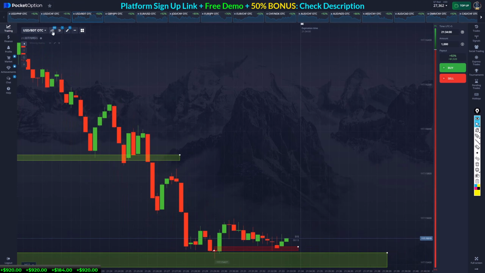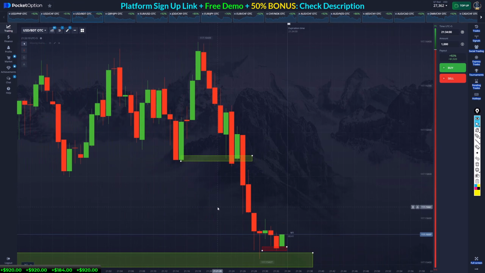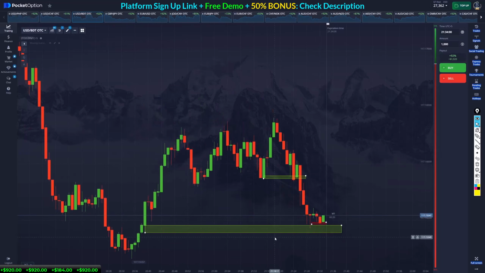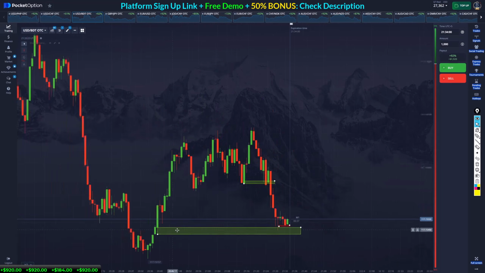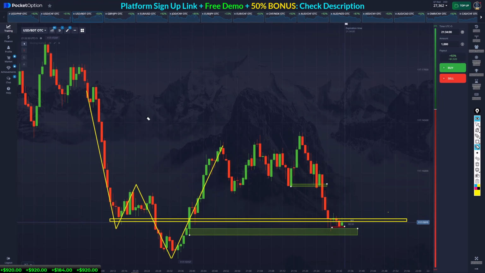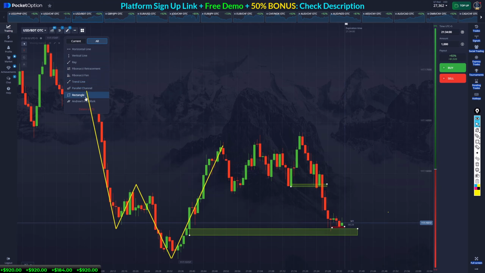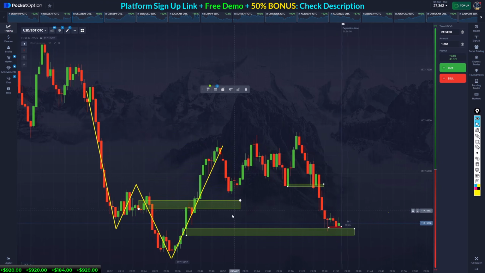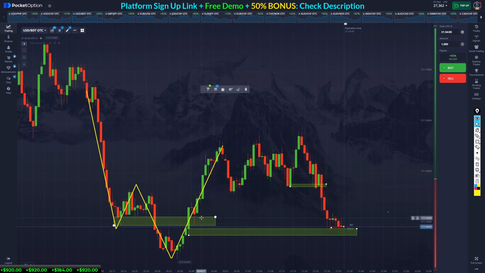Okay, so let me show you the whole thing. All right, so this is a QM, right? Low, high, lower low, higher high, QM zone. Mark the QM zone first. I'll go with yellow for this one.